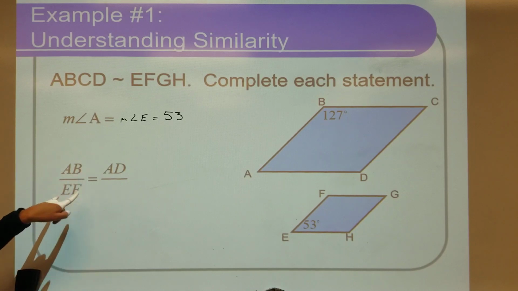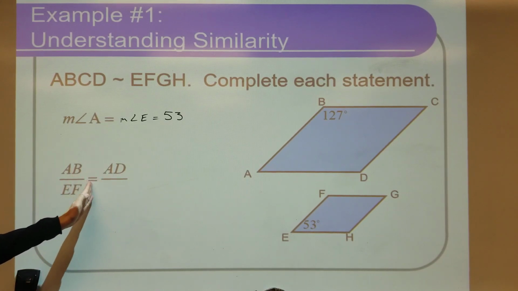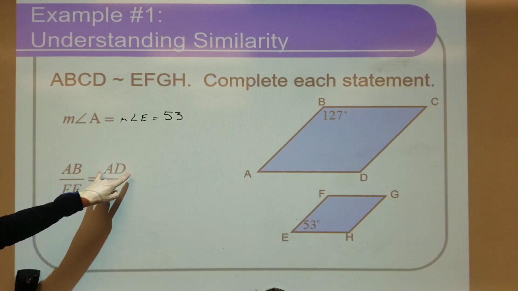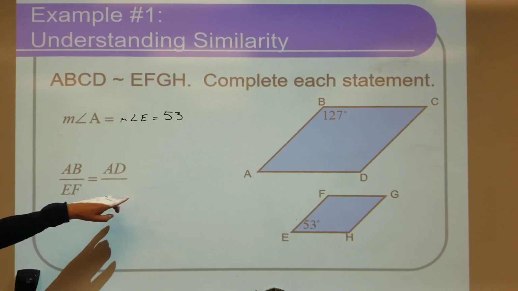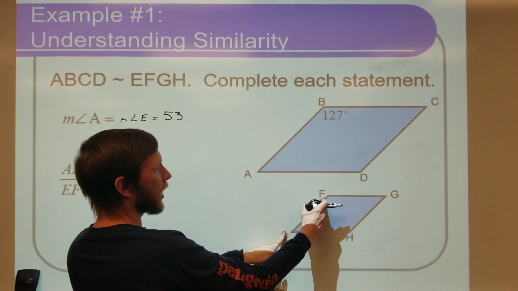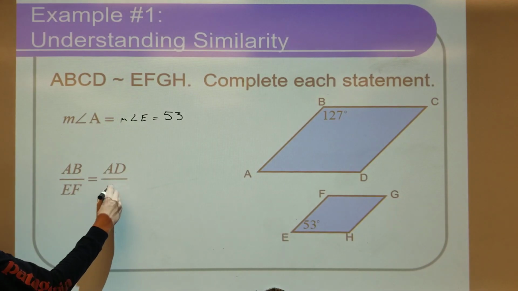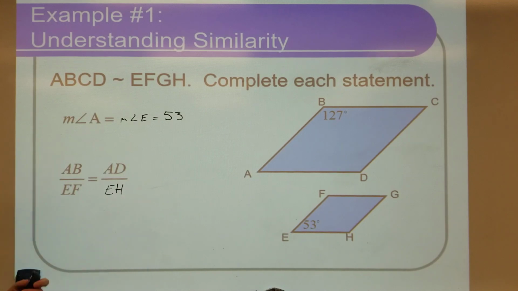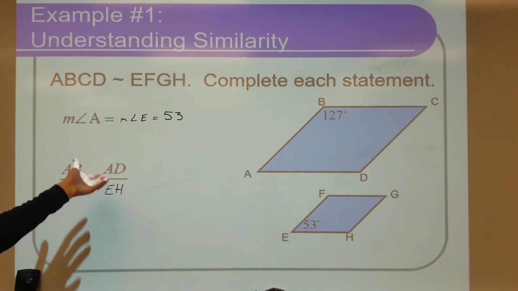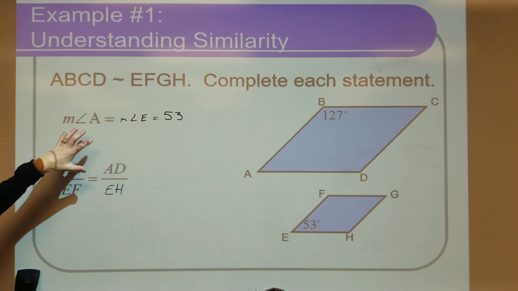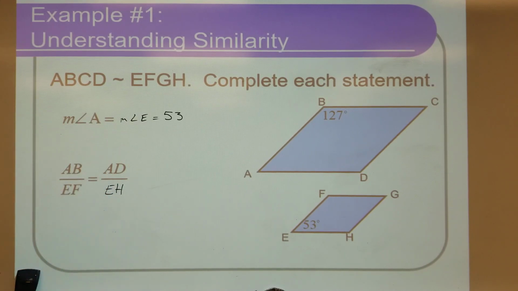So the length of segment AB to the length of segment EF is equal to the length of segment AD compared to what segment? AB goes with EF like AD goes with EH. We're able to fill in this statement, not knowing necessarily what the lengths are, but using the notation from our first unit together.